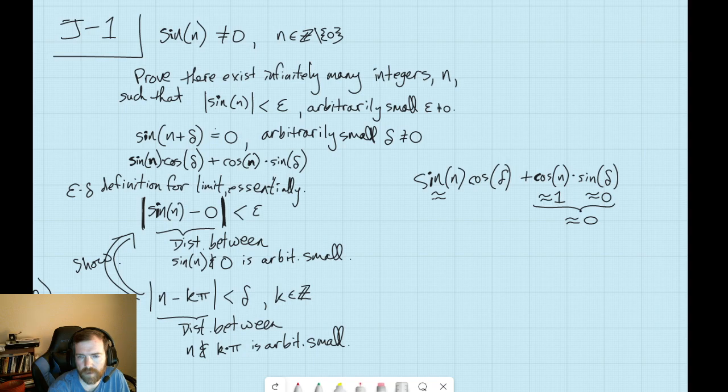So we can back that off just a little bit. So this cosine of delta is going to be pretty close to 1, but nonetheless slightly less than.